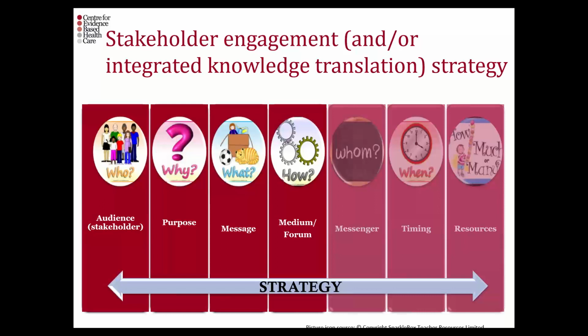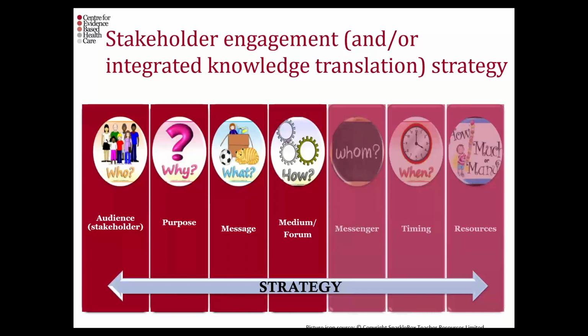But the other things one has to think about is, who is the appropriate person or people to share that message in that particular medium? And it's not always us or the researchers. It could be a knowledge broker. It could be the dean of the school, for example. It could be someone that's got a better relationship with the media than we do.